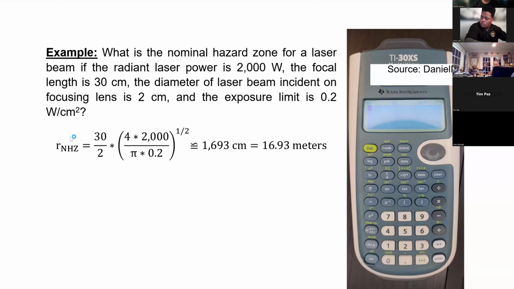In this case, the nominal hazard zone equals (4 times 2000) divided by (pi times 0.2), raise the answer to the power 0.5, and multiply with 30 divided by 2. The answer is approximately 1693 centimeters, which is 16.93 meters.